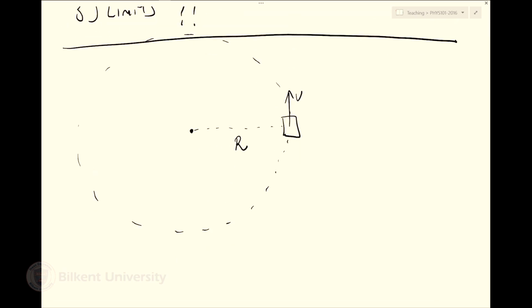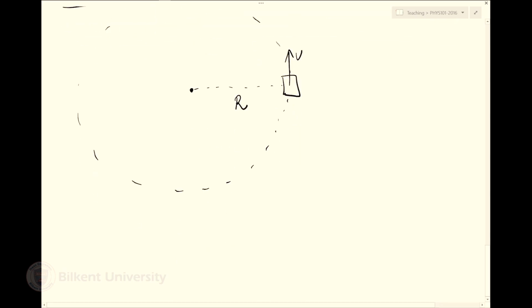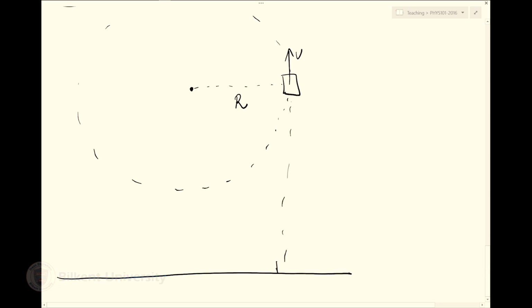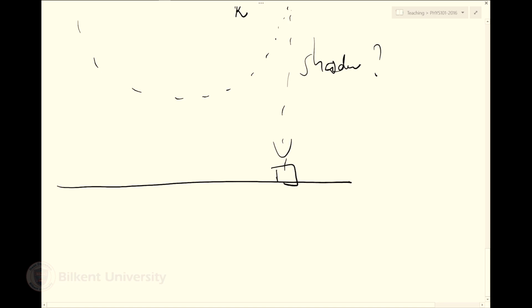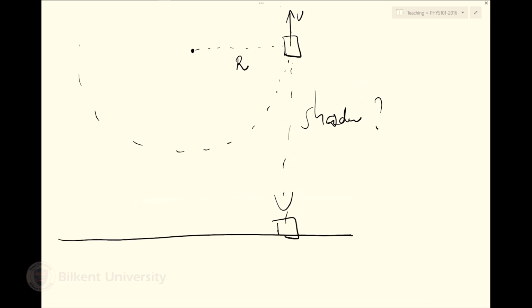Let's say I have a light source at the top. What do I see if I look at the shadow? What does the shadow do? The shadow is basically just the x component of this uniform circular motion.